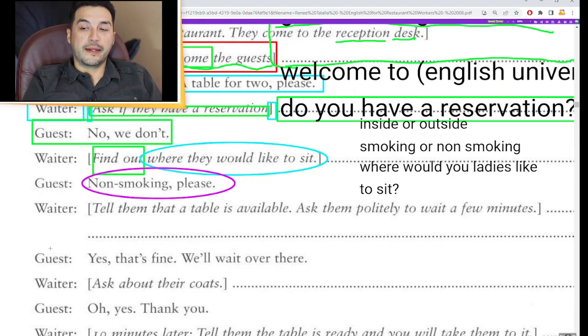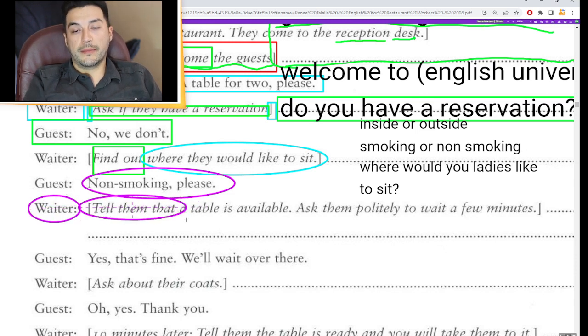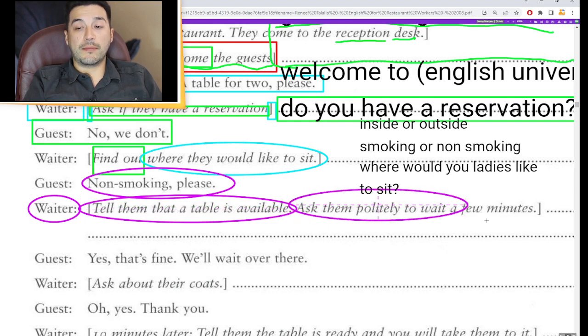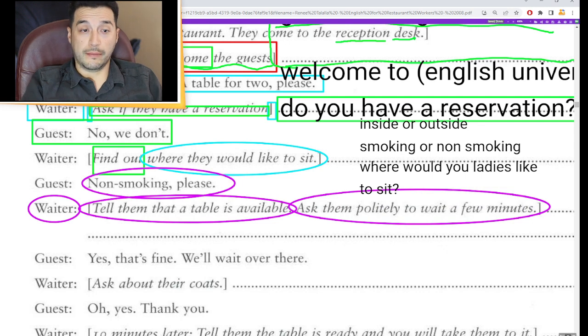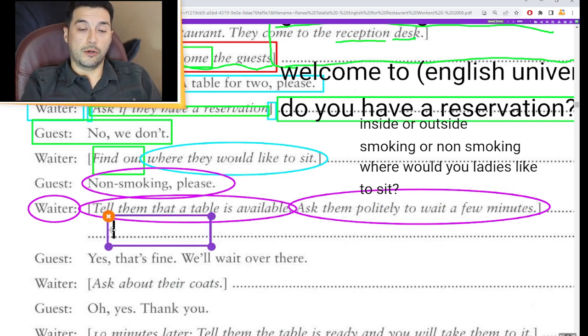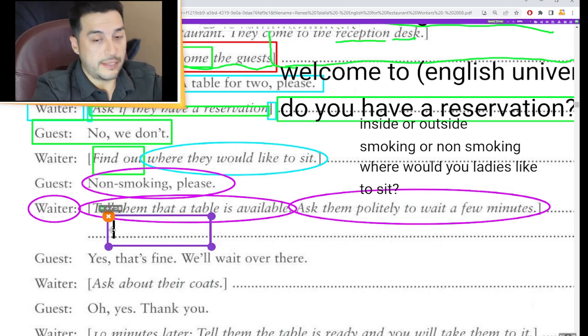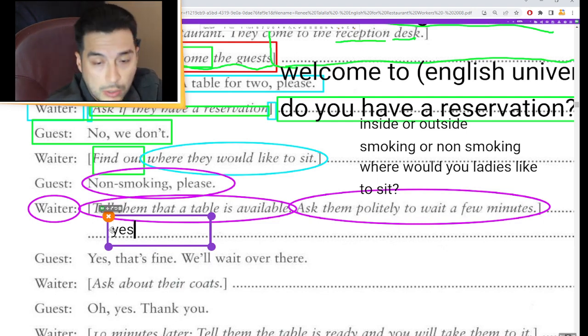Okay, now the waiter. Tell them that a table is available and ask them to wait. Very polite. Okay, number one, tell them the table is available. Yes, ma'am.